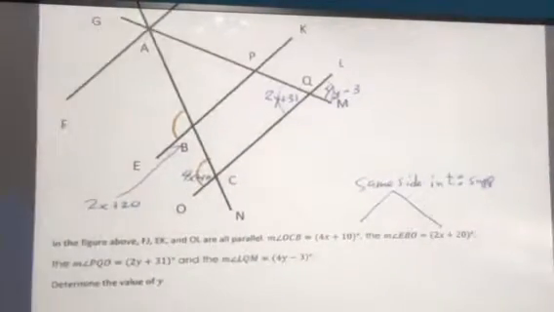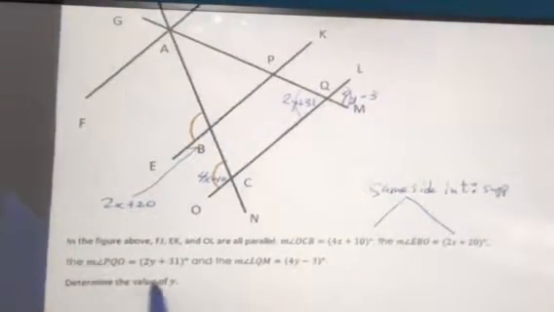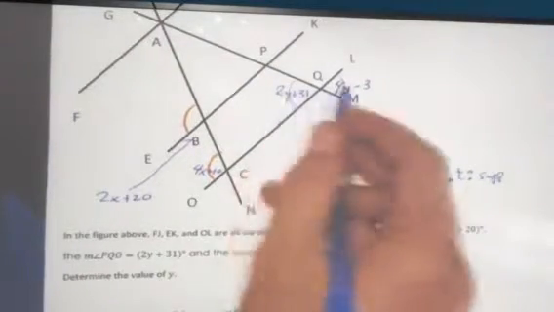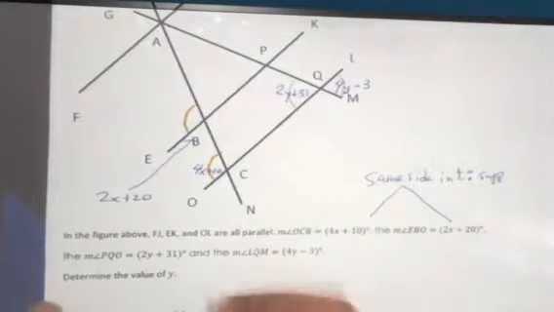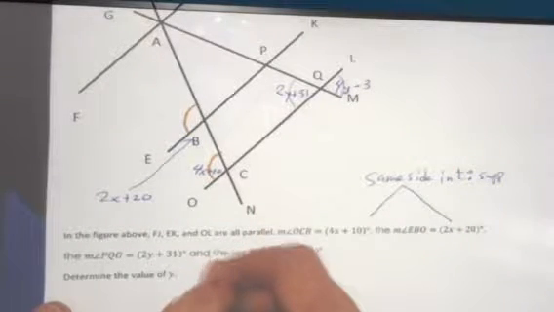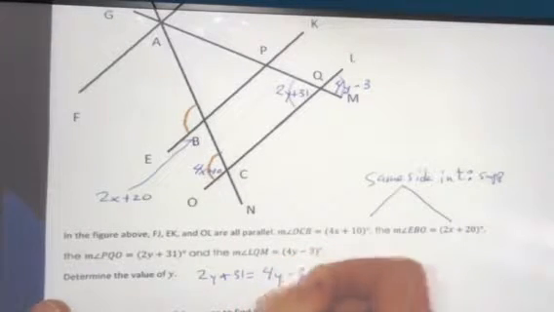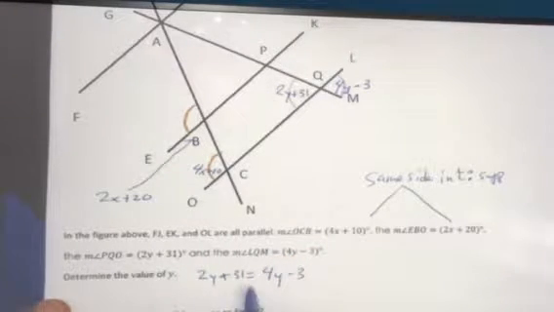All right, so determine the value of y. So that's using these equations equal to each other. So we have 2y plus 31 equals 4y minus 3. And now inverse operations. We're going to subtract 2y from both sides.